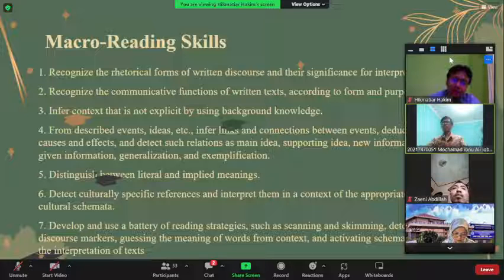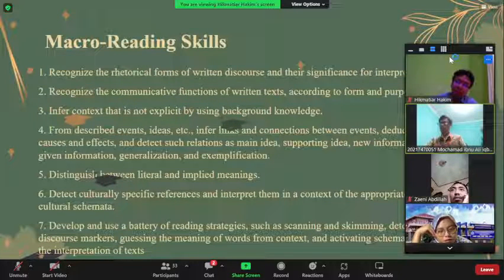Four, from described events and ideas, infer links and connections between events, deduce causes and effects, and detect such relations as main idea, supporting idea, new information, given information, generalization, and exemplification. Five, distinguish between literal and implied meanings. Six, detect culturally specific references and interpret them in the context of the appropriate cultural schemata.